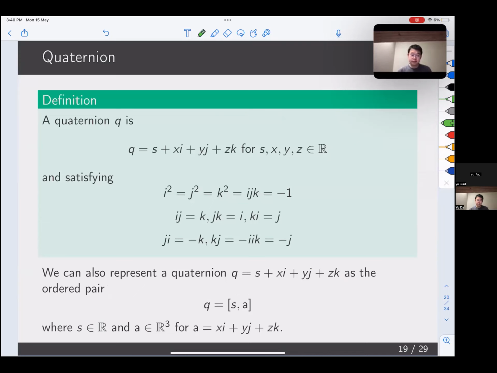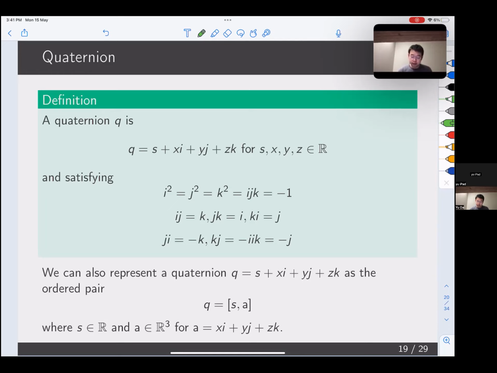Next we'll define quaternions in more detail. A quaternion q is q equal to s plus xi, yj, zk for those s, x, y, z in R, and we also need to satisfy the square and multiplication rules.